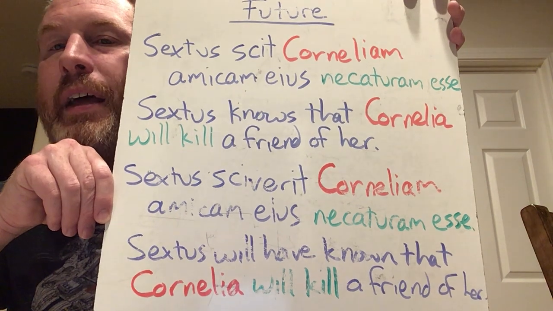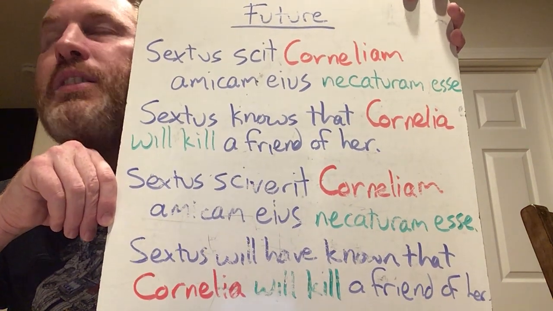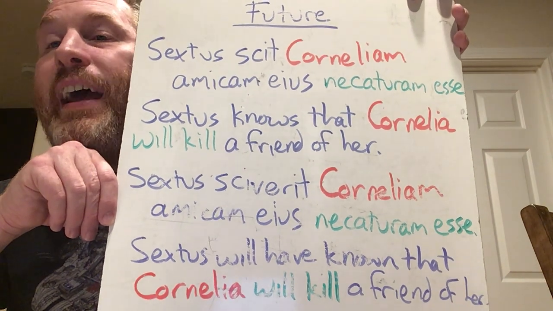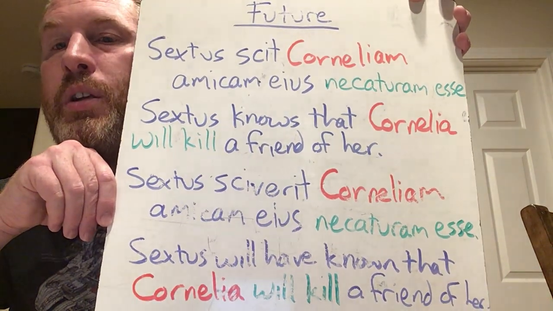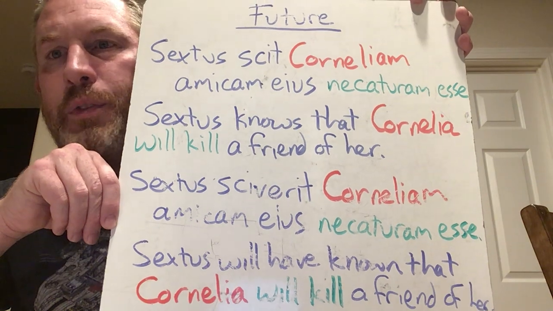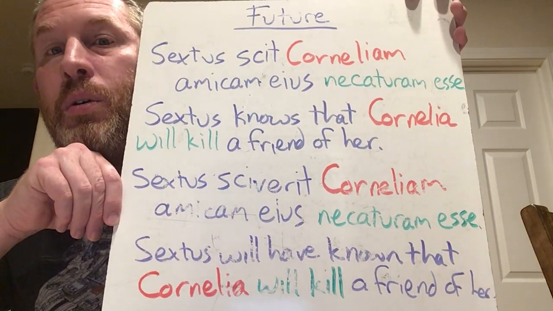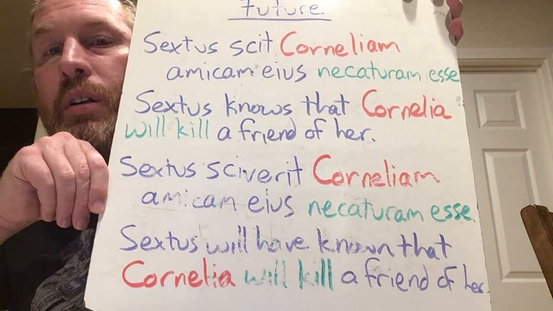Now, if I had sciet, sorry, I was going to go into the subjunctive for a second. If I had sciet, that would be the future, and this would just be the future of the future, and the future of the future is just the future. So Sextus will know that Cornelia will kill a friend of her, and that's totally acceptable. And next year, you're so close to next year anyway, I would give you a chance to have good English, and you don't have to worry about it.